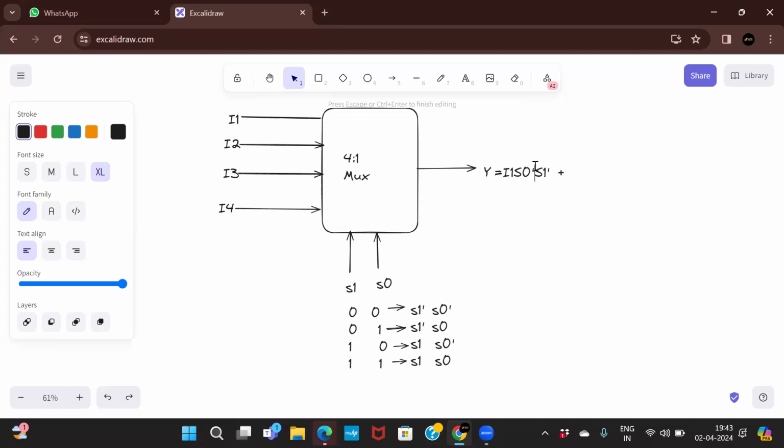So what is the next output term? I2 into, come on, quickly, you just tell. If you understood, you can easily tell. I2, S1 bar, S0. Right? Similarly, I3 into S1, S0 bar.